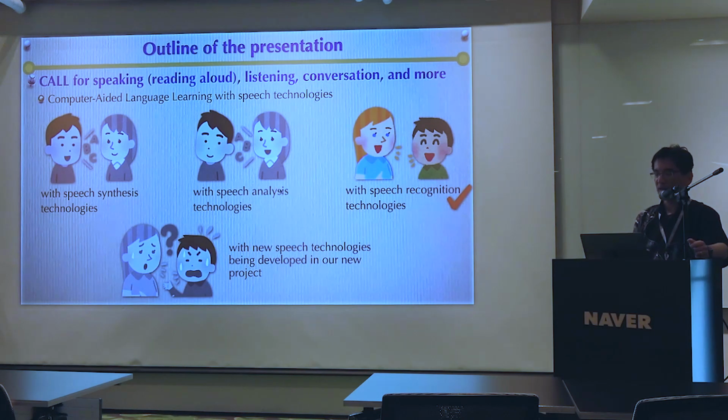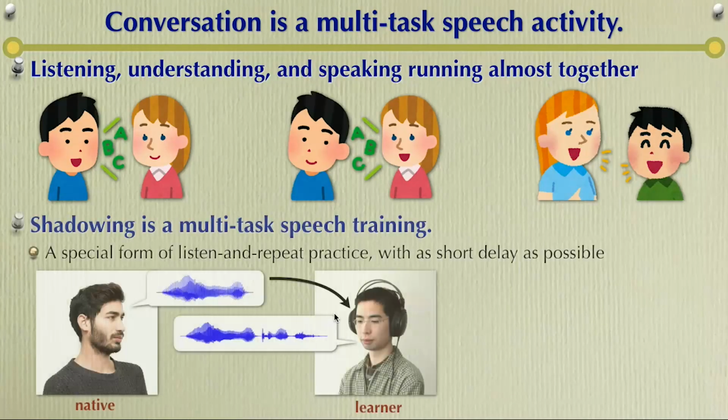In conversation, you have to listen, of course you have to speak, and you have to speak, listen and think simultaneously. So conversation is a multiple task: listening, understanding, and speaking almost together, right?